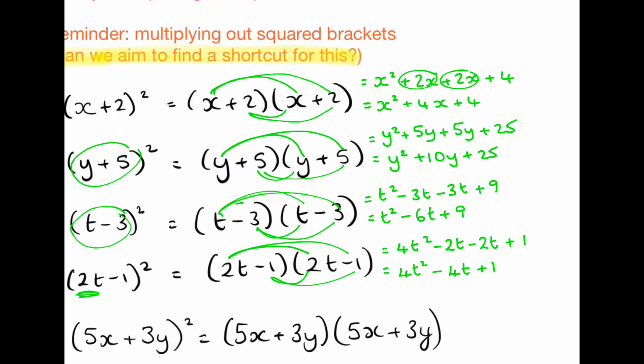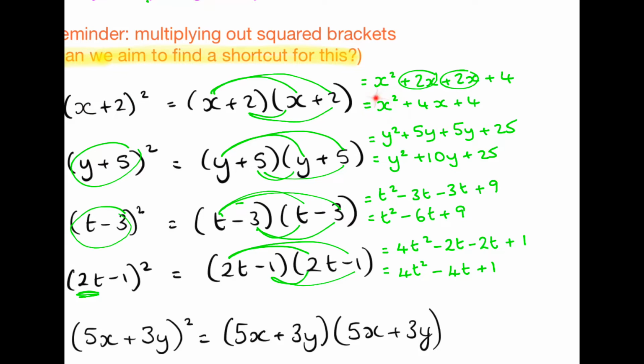Okay. So I want us to be thinking about, as we're doing this last one, thinking about where these terms come from. Think about the signs of the terms that we end up with, and we'll pay attention to our last one when we just had a little think about these. Okay, so in the first one we had x plus 2 squared.